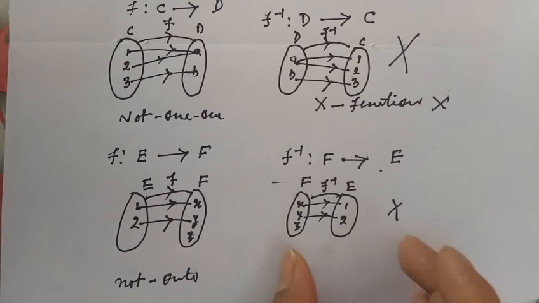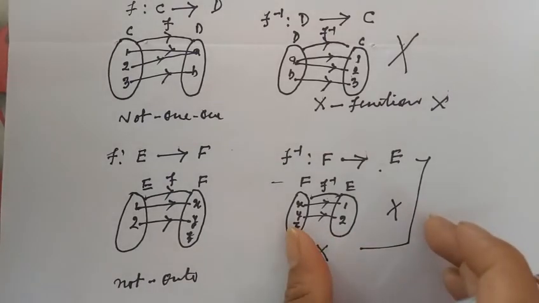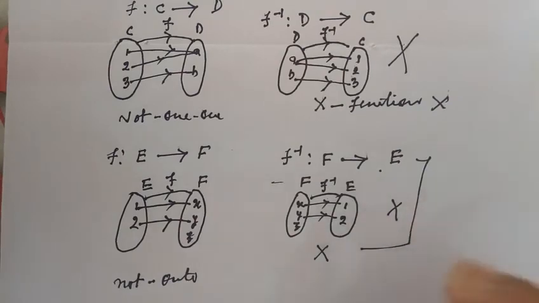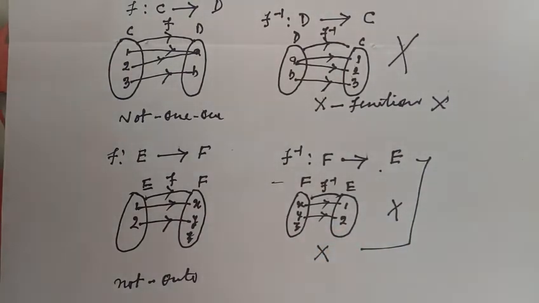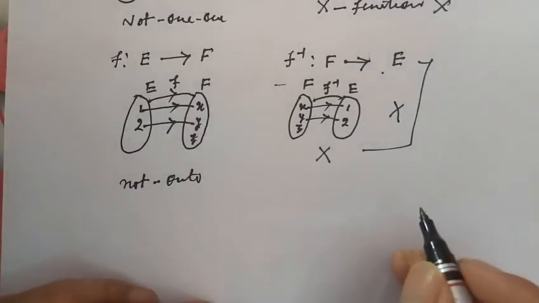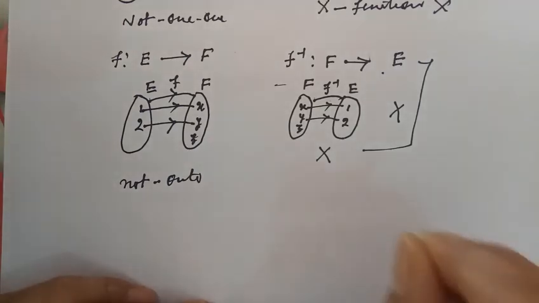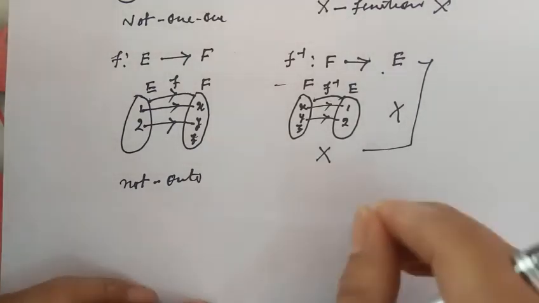So this is not a function, so the inverse is not possible. If this relation is not a function, then there is no inverse. So if a function is not 1-1, then the inverse is not possible. If the function is not onto, then also the inverse is not possible.